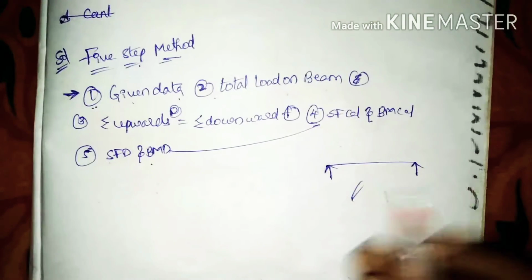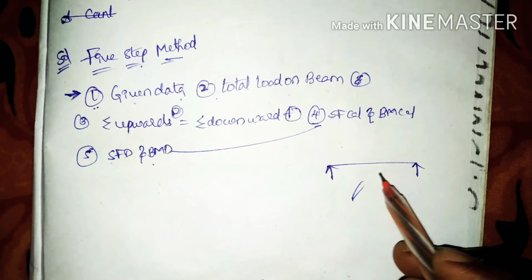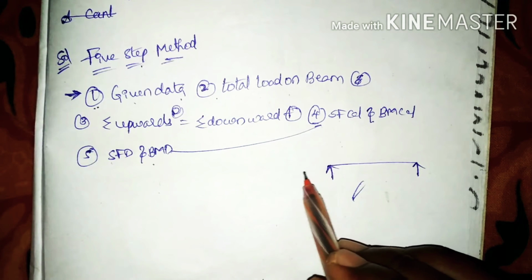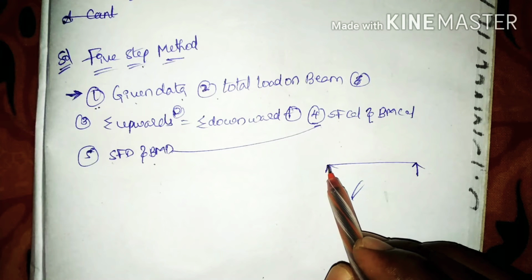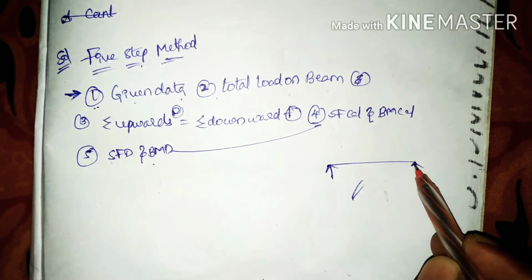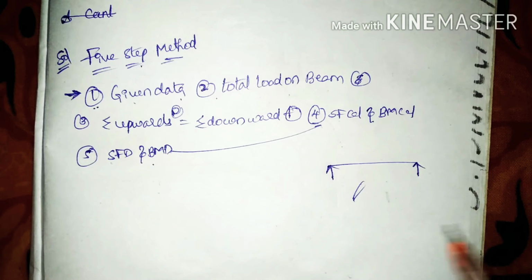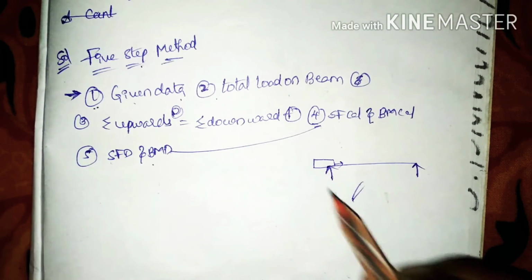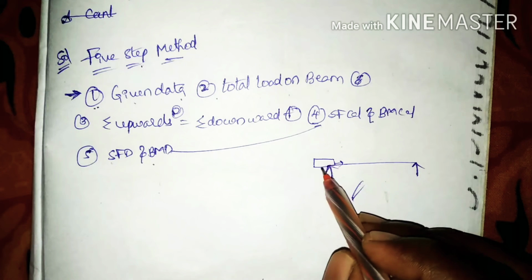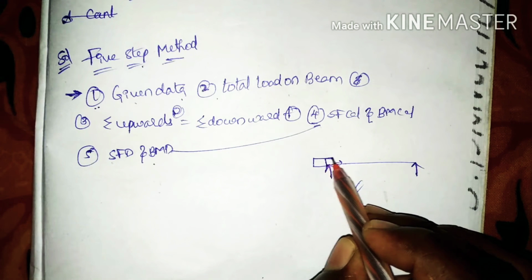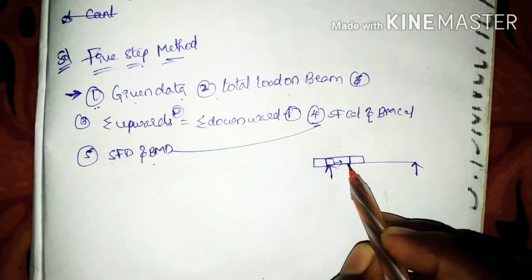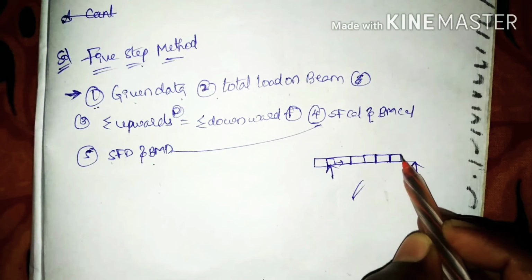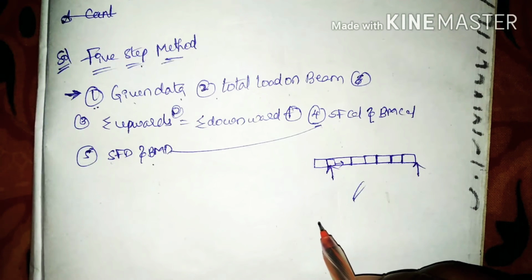Let us consider this is a bridge and a train has to pass from the starting of the bridge to the end of the bridge. Here the train is moving in this direction, so all the train bogies should lay on this bridge for some time.